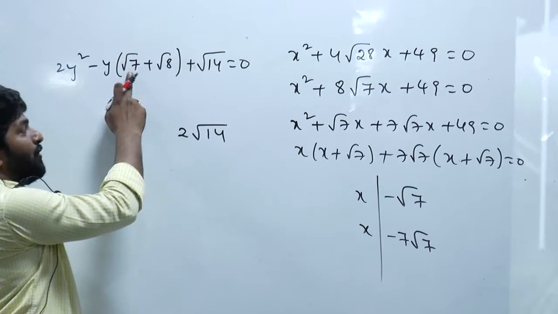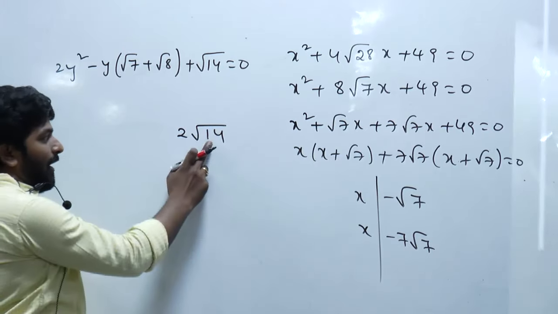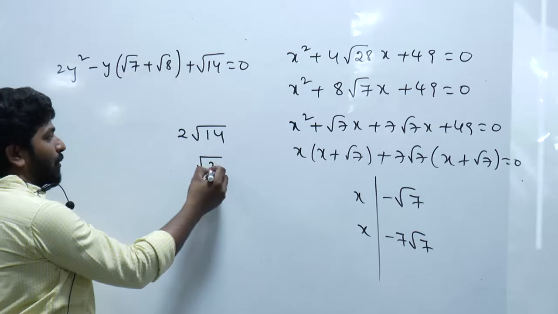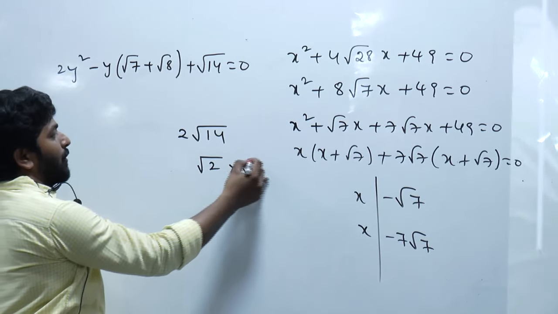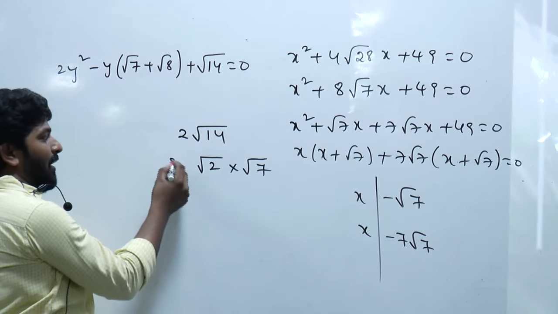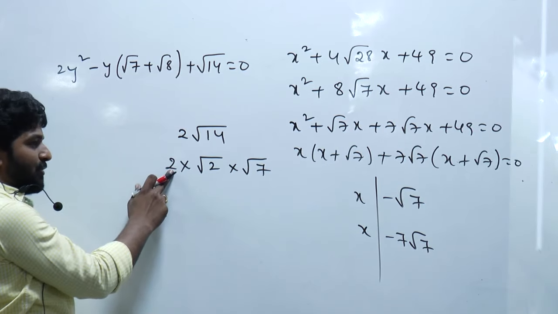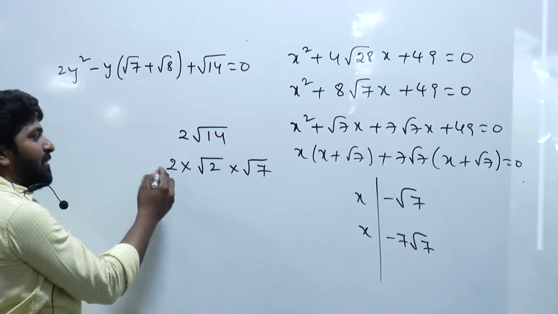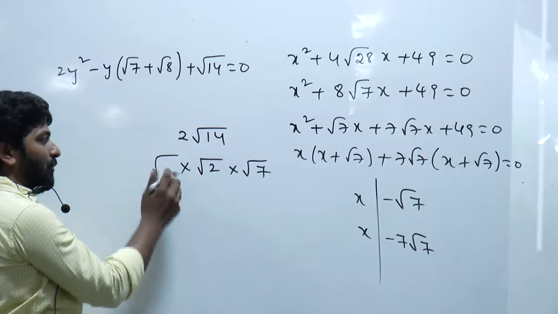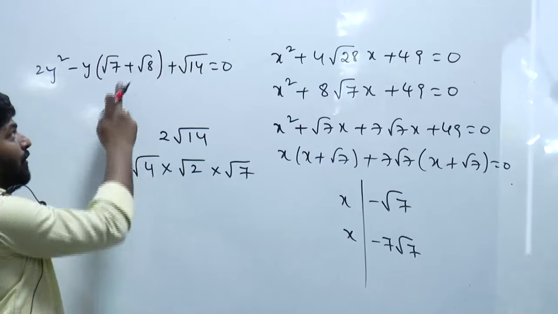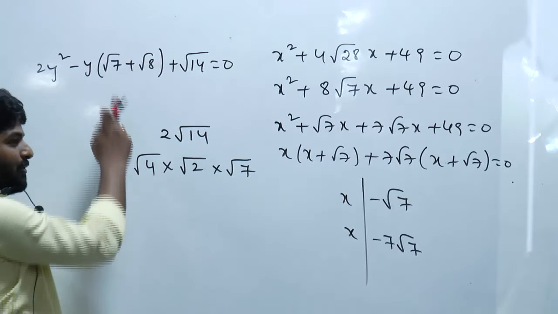But you have root 7 here. Let me write this number as root 2 into root 7. I already have 2 here. I can write this 2 as root 4, root 4 into root 2, root 8, and then root 7.